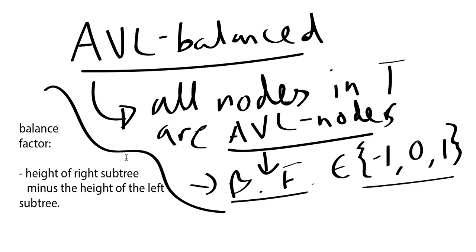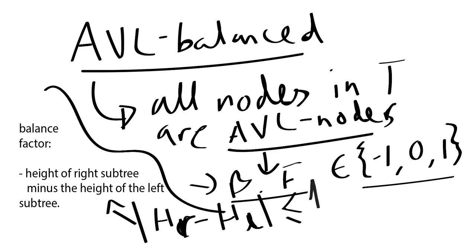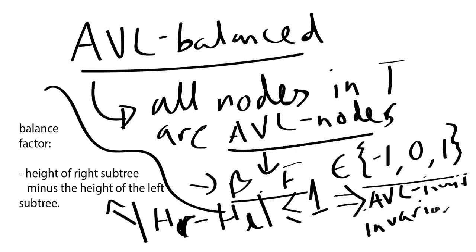And if we have the case that the absolute value of this is less than or equal to 1, then this is an AVL node, or this is what suggests we have this property called the AVL invariant satisfied.